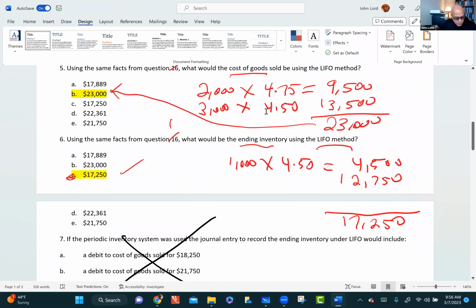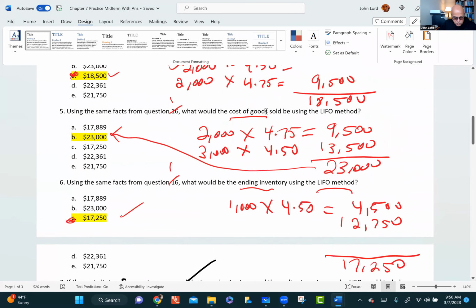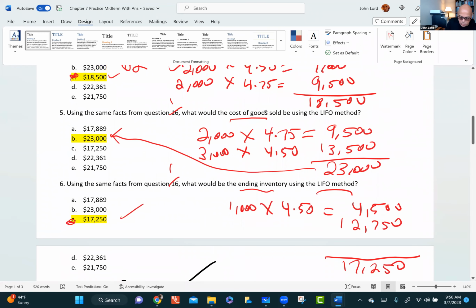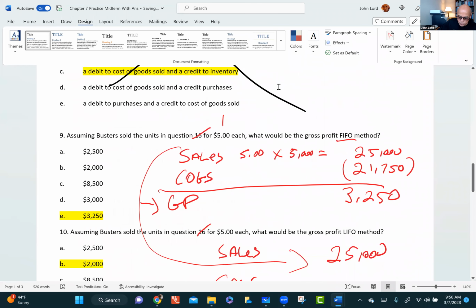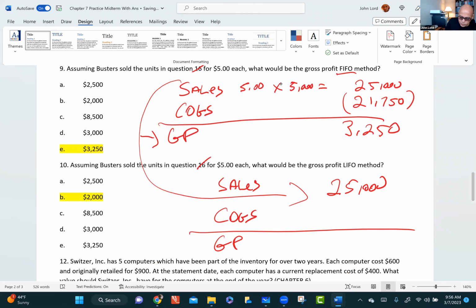I come back up and look, cost of goods sold under LIFO I calculated to be 23,000. So I take that 23,000 now, and I'm comfortable doing that one in my head. That should be 2,000. Question.